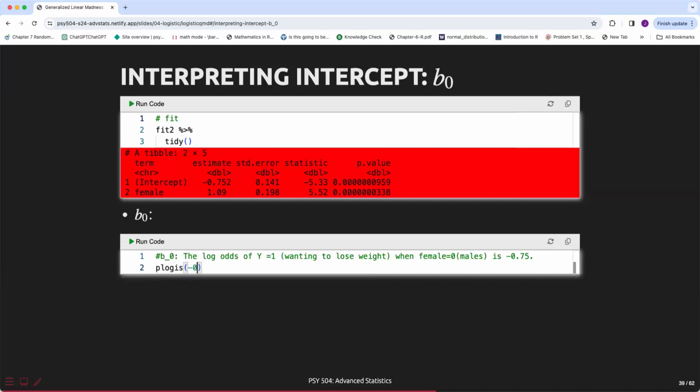So we can take our log odds and use this plogis function, and this will give us the probability. So instead of interpreting this in the log odds, we interpret it in the probability space now. So 0.32, 32% of males report wanting to lose weight in our data set. That's how we interpret the intercept value when we have this categorical predictor.